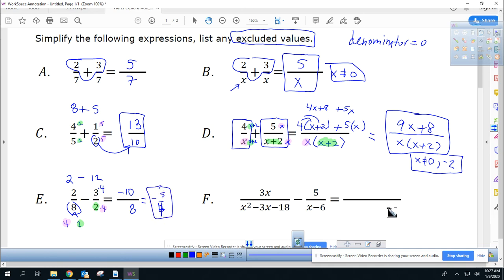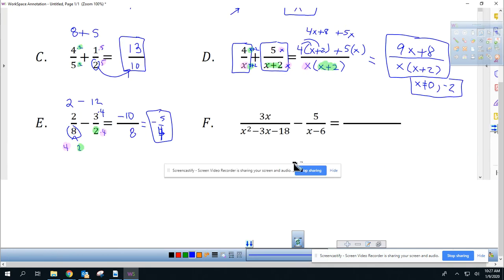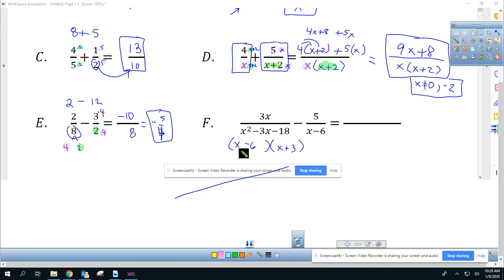Okay. So we're going to do the same idea on this problem, letter F. All right. So right here, we need to first factor our denominators like we did before. And that's going to give us an x minus 6 and an x plus 3. Now I'm going to color these. So this is my x minus 6 factor. This is my x plus 3 factor.